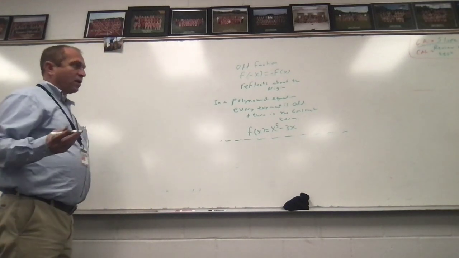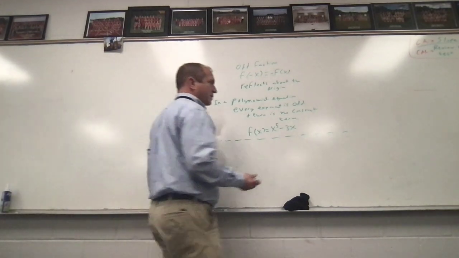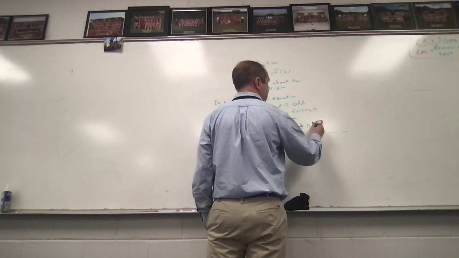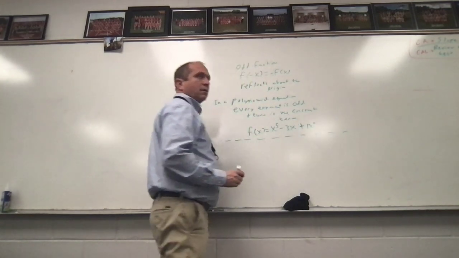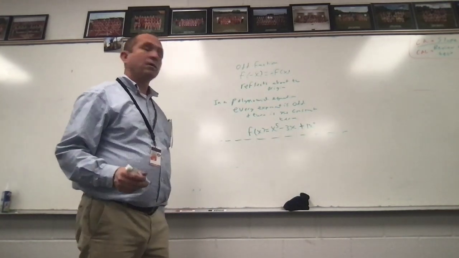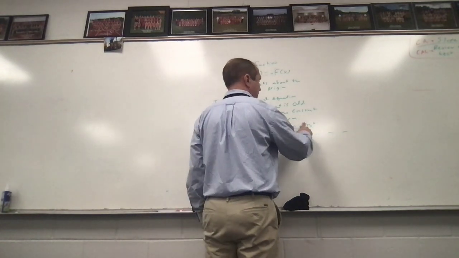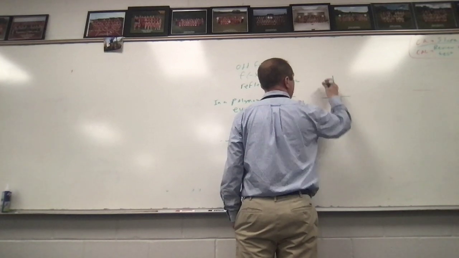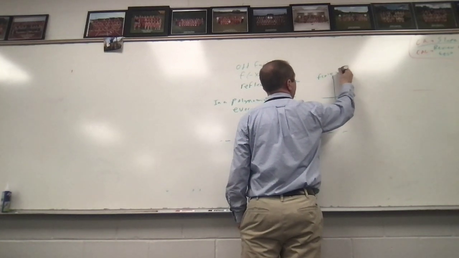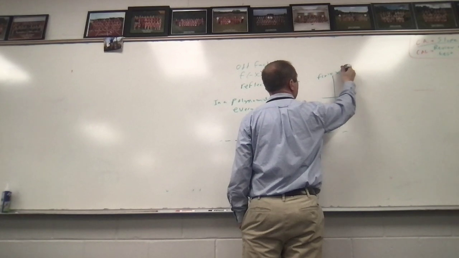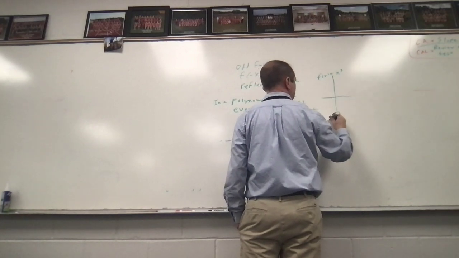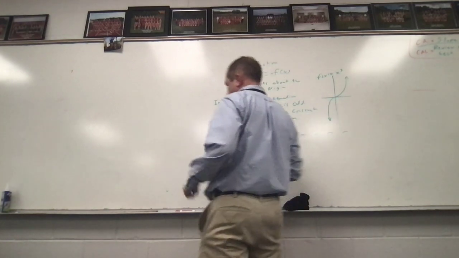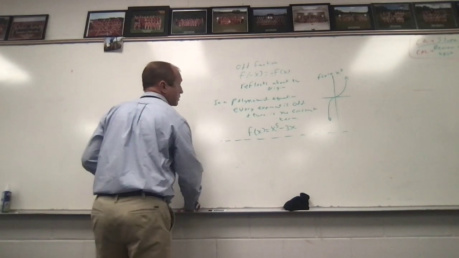Now the reason there is no constant there, if I did write a constant here like plus 1, so that plus 1 is the same thing as 1 times x to the 0 power, and 0 is an even value. So that's the reason why we say there can't be a constant. If you look at it graphically, let's look at just x cubed. This is f of x equals x cubed. So f of x equals x cubed does something like this, which means, as I said earlier, it reflects about the origin.